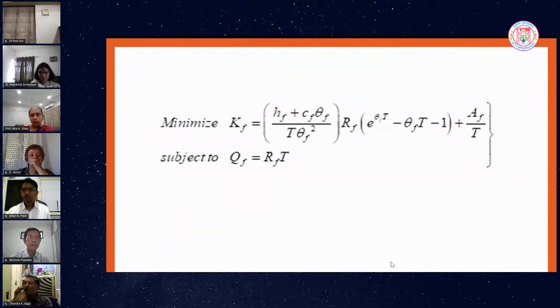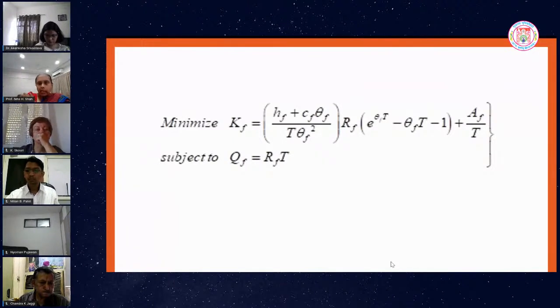That is Kf, because now everything is fuzzy. So we will have minimize total cost in fuzzy sense to be (Hf plus Cf theta f) over (T theta f squared) into Rf into (e to the power theta f T minus theta f T minus 1) plus ordering cost Af upon T, subject to Qf equal to Rf T, obviously non-negative. So now all inventory parameters are fuzzy.